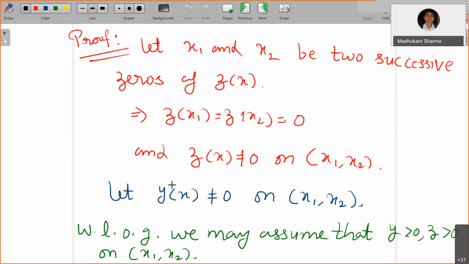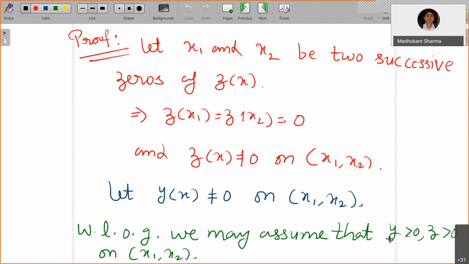So either it is greater than 0 or less than 0. It is non-zero on this entire interval, meaning it lies either above the x-axis or below the x-axis. There are only two possibilities because y is a continuous function. So without loss of generality, we may assume that both y and z are greater than 0.